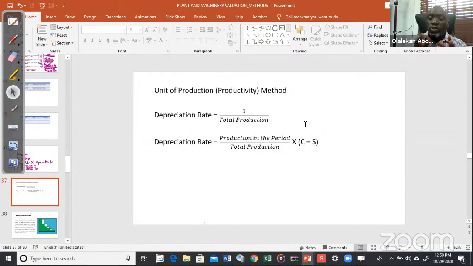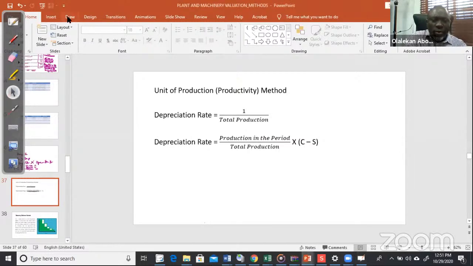So what unit of production is doing is that it's now looking at the overall total capacity, the productive capacity of the plant. So that's what I call total production here. The productive capacity. That's this total production here. Maybe I should pick my pen. Okay.